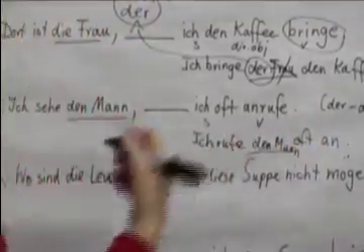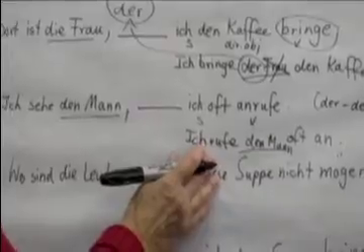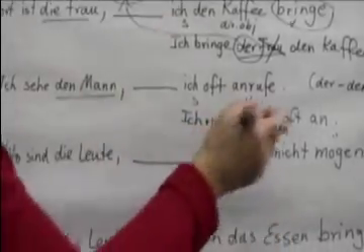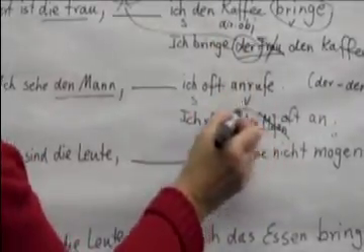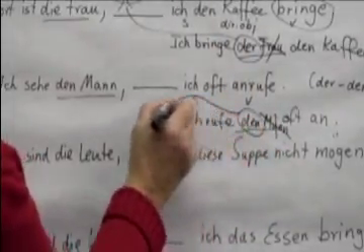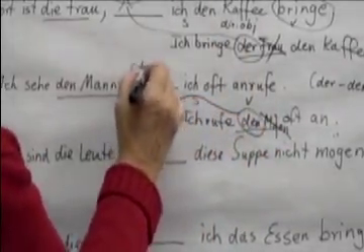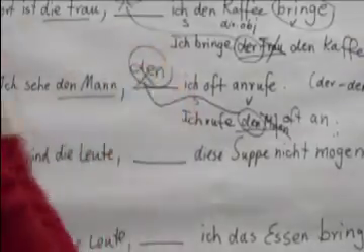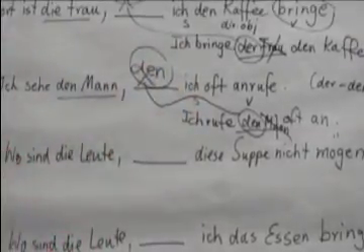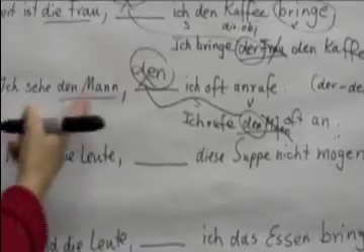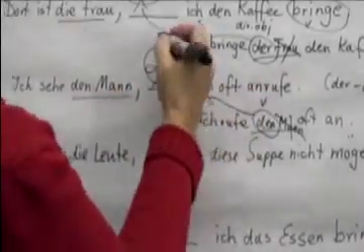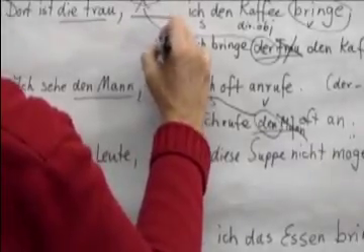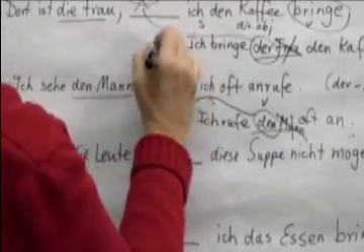Ich rufe den Mann oft an. This is our original sentence. Now we know what to put in. Mann, Mann, same noun, drop it. Bring this article up here, den, and we have our relative pronoun. And how do we translate it? I see the man whom I often call. Whom I often call. Direct object.